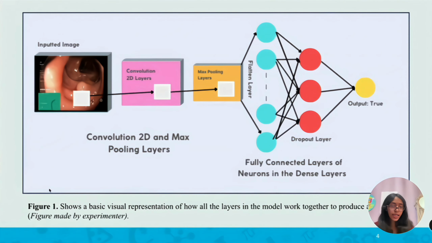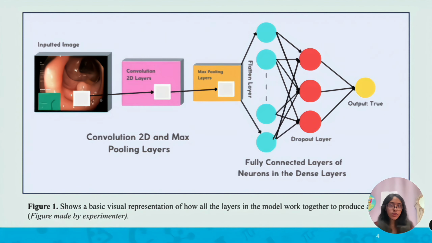And so before we get into the app, I just want to explain how a convolutional neural network works. Essentially, you give the convolutional neural network an inputted image, and then from that image, there are different layers which extract features, and these layers are called convolutional 2D layers and max pooling layers.